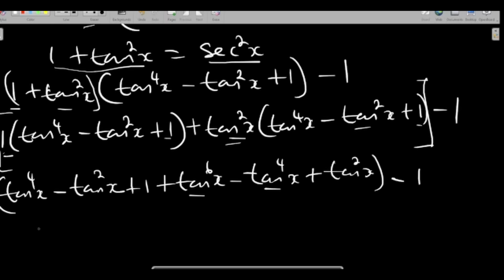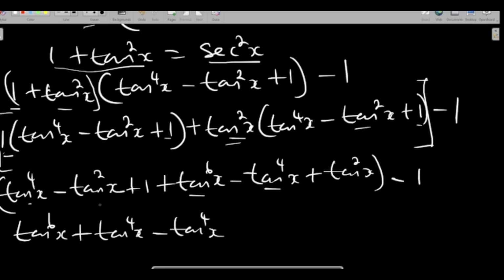The first one we have here is a tan 6x. The next one we have is tan to the power of 4x. The next one is minus tan to the power of 4x.